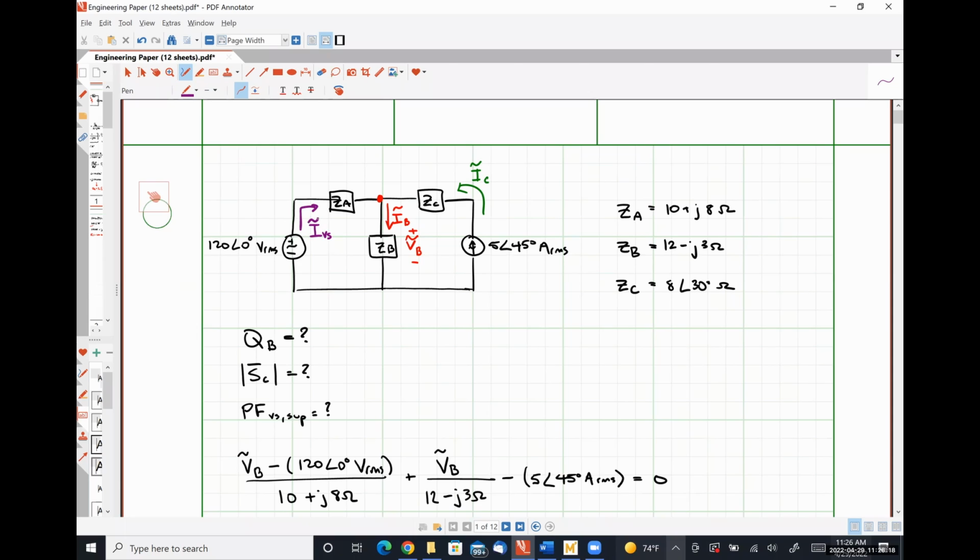IVS, and I've specifically defined IVS to be leaving the positive polarity terminal because I'm trying to calculate supplied power, right? So how might I go about determining that value based on the information that we already have?